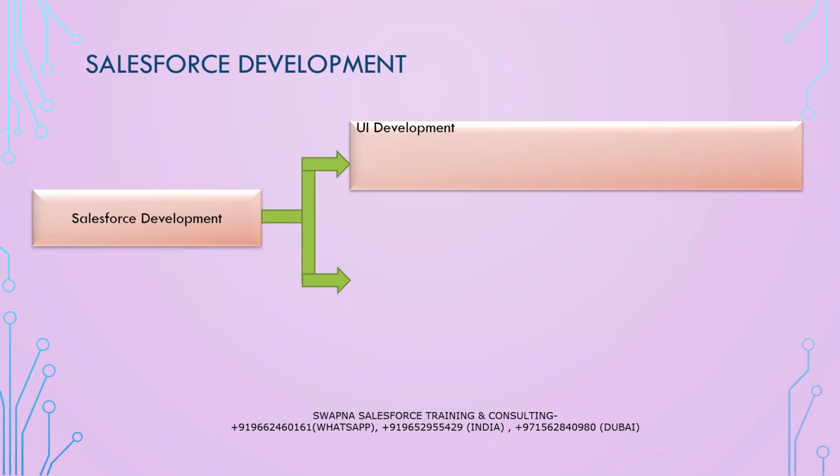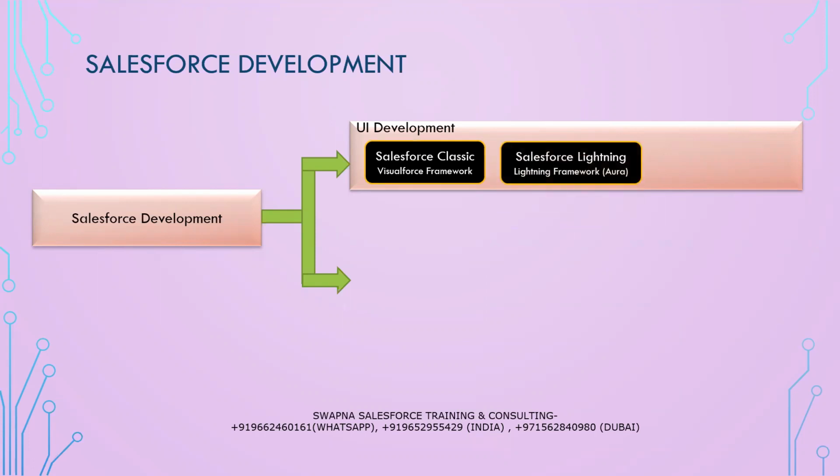Right? And user interface is further divided into 3 types of development. The first one is Salesforce Classic, Salesforce Lightning, and Salesforce LWC. LWC is nothing but Lightning Web Component. These are 3 user interface design technologies from Salesforce.